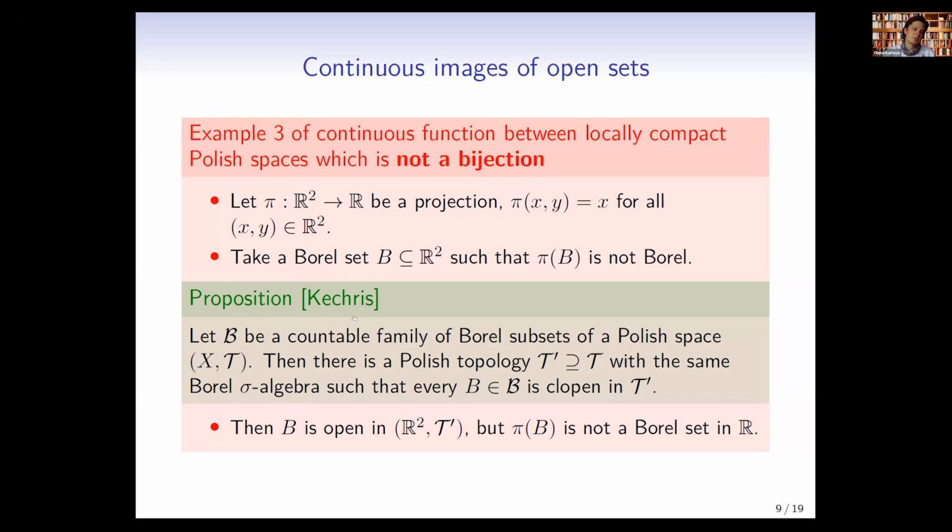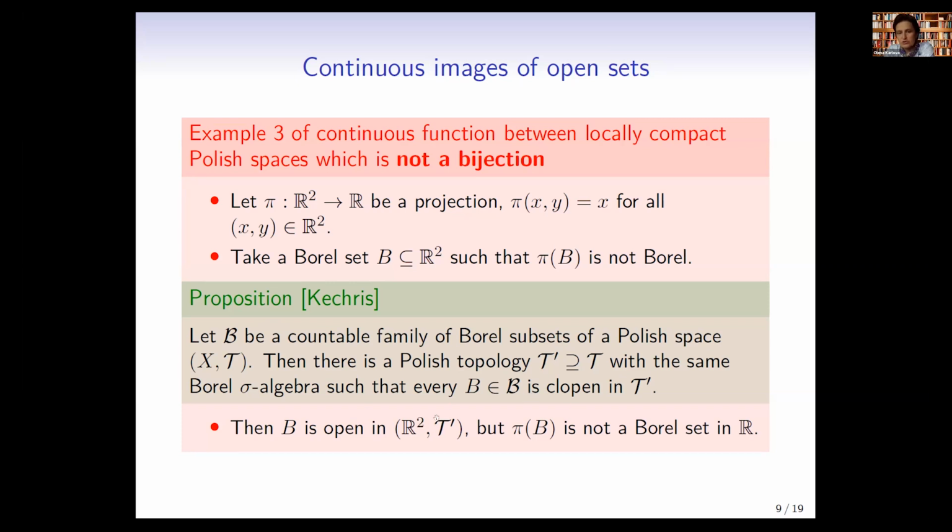We can make this set open in some topology, in some Polish topology. If we have a countable family of Borel subsets of some Polish space, then we may introduce a Polish topology which contains the topology T, with the same Borel sigma algebra, such that every B is closed and open in this new topology.